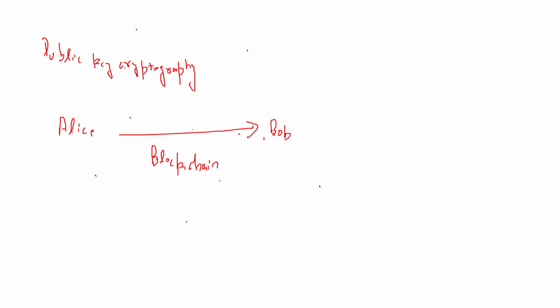So you need not reveal your identity, who you are, because when you want to send a transaction using the blockchain platform, you just need to have a digital wallet. Alice and Bob just need to have a digital wallet, and these digital wallets have an account address, right?